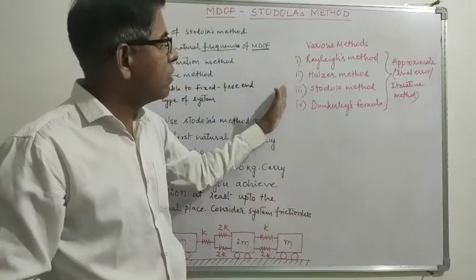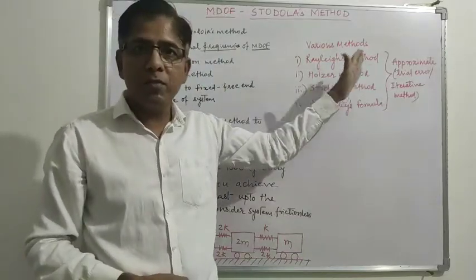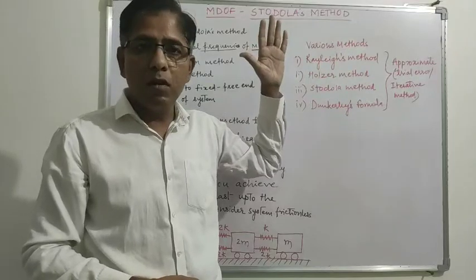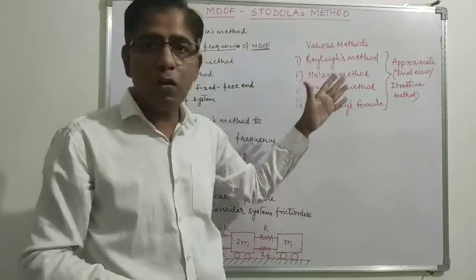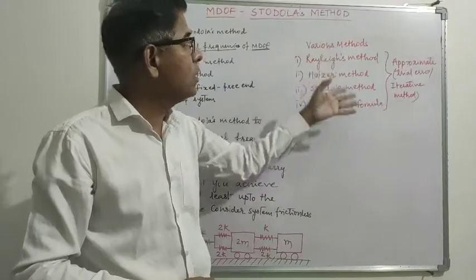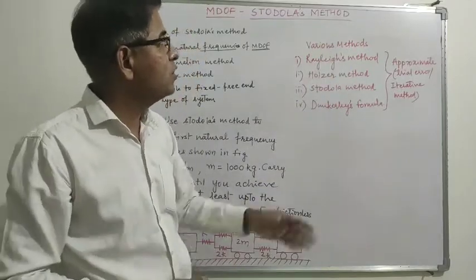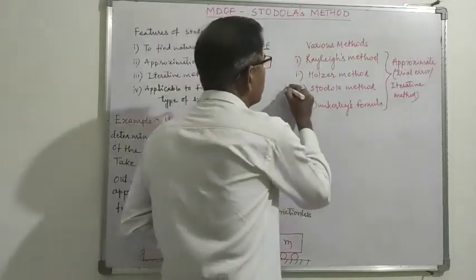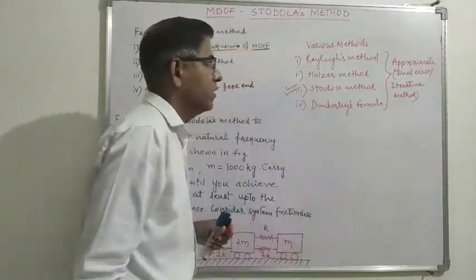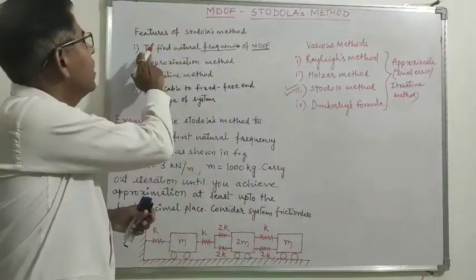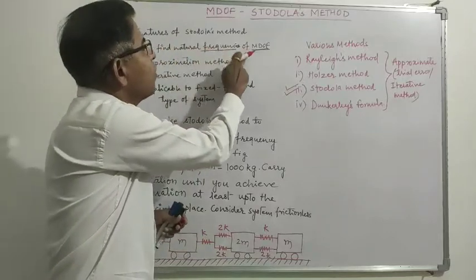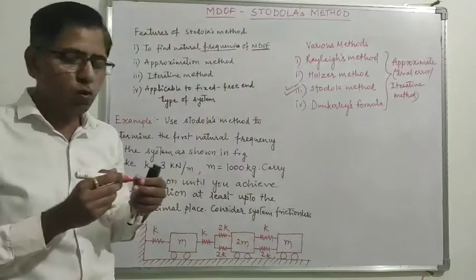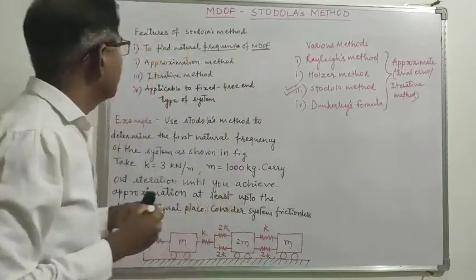So these are the common points: they are approximate methods, they are iterative methods, and they require a lot of assumptions. All these are features of various methods, out of which today we are dealing with the Stodola method. To find out the natural frequencies of a multi-degree of freedom system, the Stodola method is used.